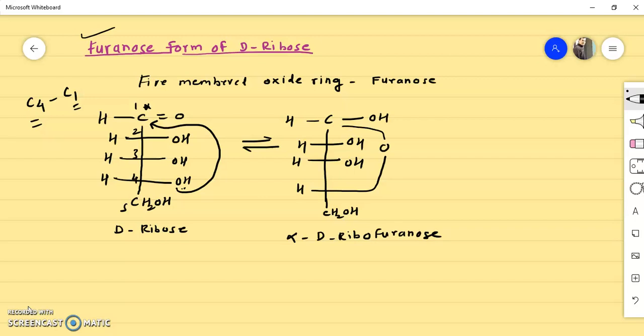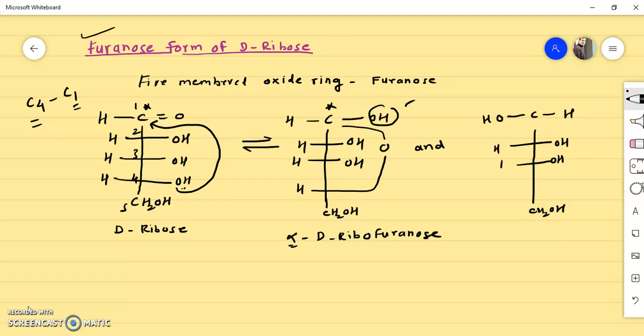Alpha D ribofuranose, because this hydroxy group is on the right hand side, so this anomer is known as the alpha anomer. Similarly we can draw its beta anomer. You just have to write the OH group on the left hand side. All other structure will be the same, CH2OH. The two OH groups will be as they are, and the fourth OH group we can represent like this because it has formed a bond with this carbon.